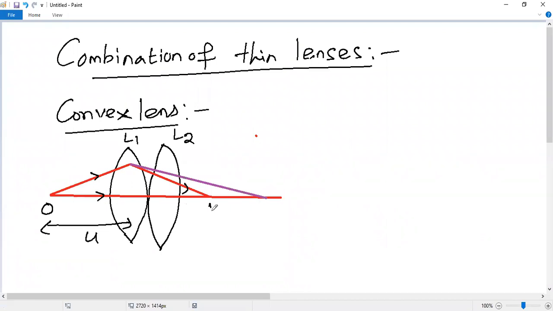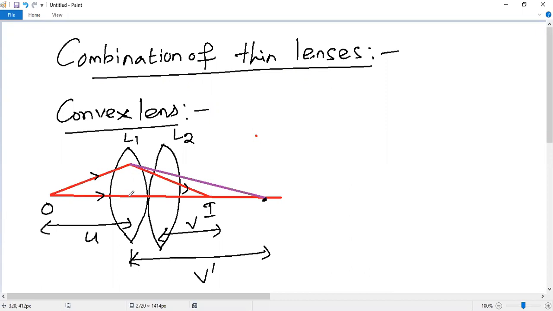The value from lens 2 to the image is V. Again, from the first lens to this point, this one is the V dash. In this, V is for lens 2 and V dash is for lens 1. Clear?